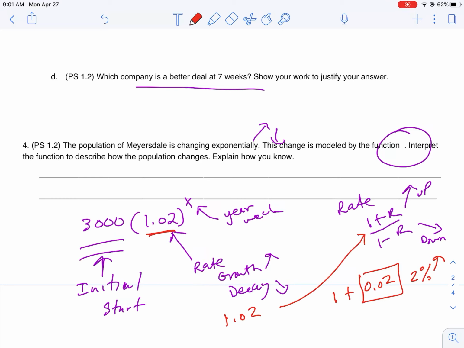Okay, so what can you say when you explain? Remember that explaining is in words. We started with 3,000 people. It was going up 2% per, and I'm going to say year. It doesn't say that this goes up a year, but usually your population is per year, okay?